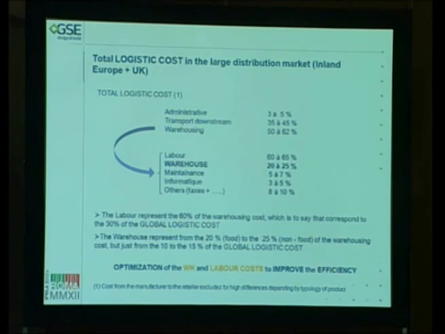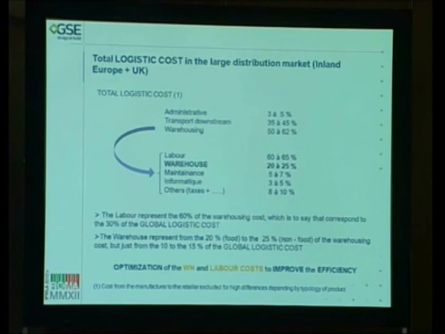Following this, what was interesting to understand in these days is which are the drivers for the second step of optimization and of integration among the different parts of the logistic chain. I would like to show just this insight on the total logistic cost, of which the cost of warehousing is 50 to 62%.